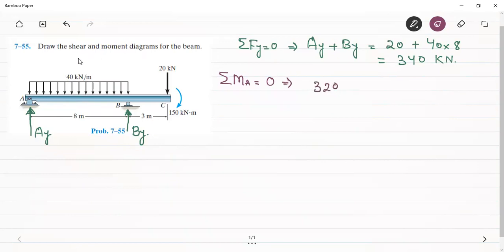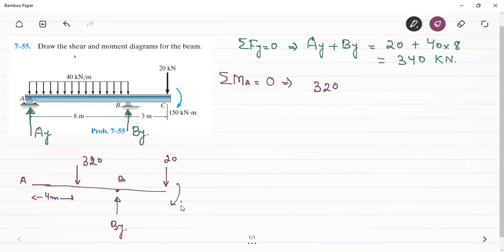If we convert this into a point load, this 320 will act at a distance of 4 meters from the point A. Plus we have another load, that is the reaction at B, that is BY. What we have in the FBD further is this 20 kilonewton force and this moment of 150 kilonewton meter.